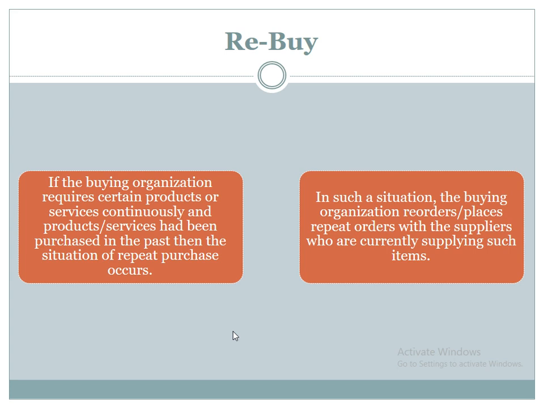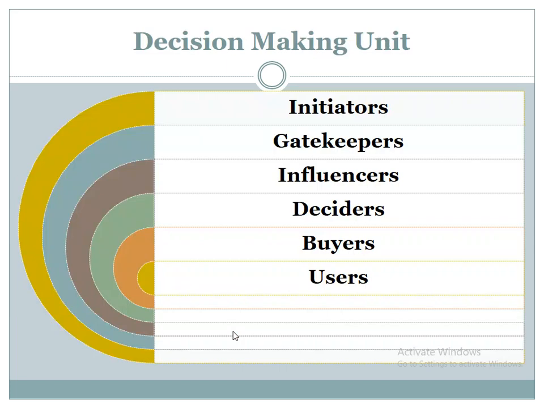Now we have seen one term called decision making unit or buying center. Now we will elaborate on that. So, decision making unit. It is essential to understand the roles of buying center members or decision making unit members before identifying the individuals or groups involved in the buying decision process.